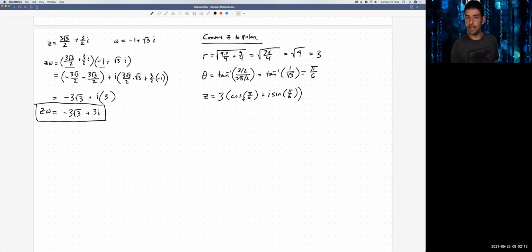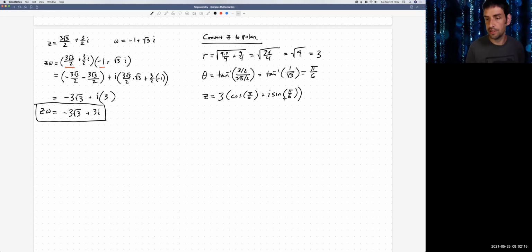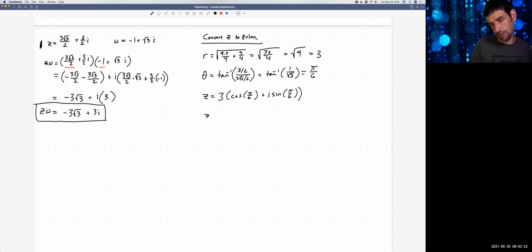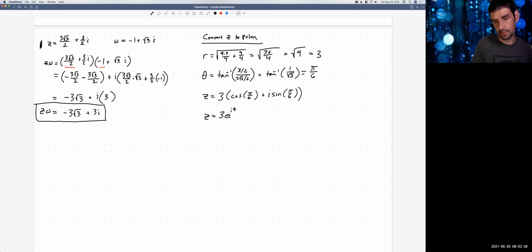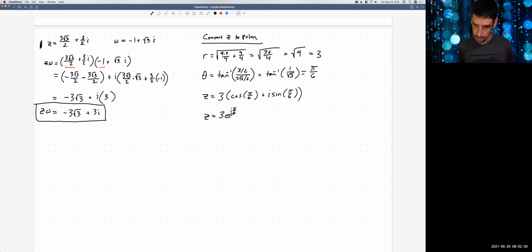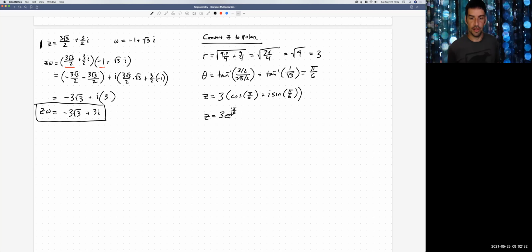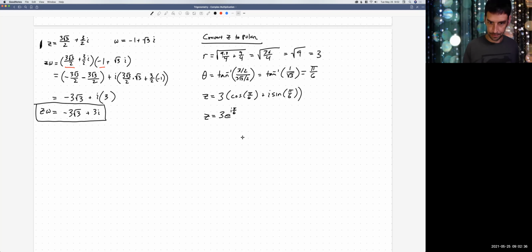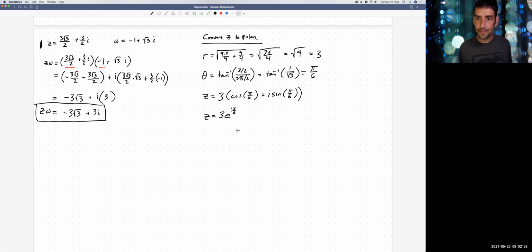Right? And it's simple enough. Evaluate cosine of pi over 6 and sine of pi over 6, multiply by 3, and you'll see you get exactly what we started out with, right? It's just another way to write these same numbers. And we can also write this in its exponential form this way, 3e to the i pi over 6. All right, so there's z.